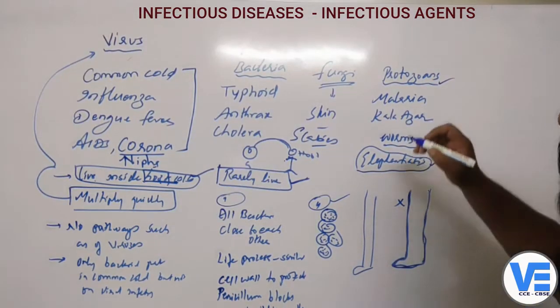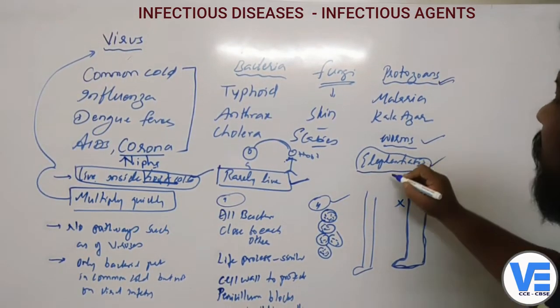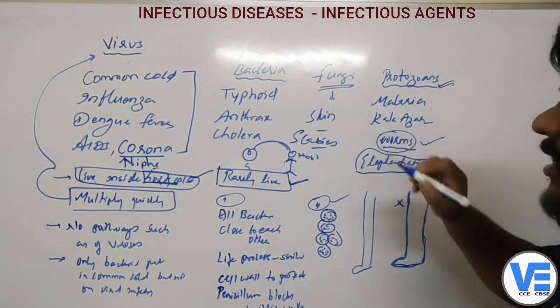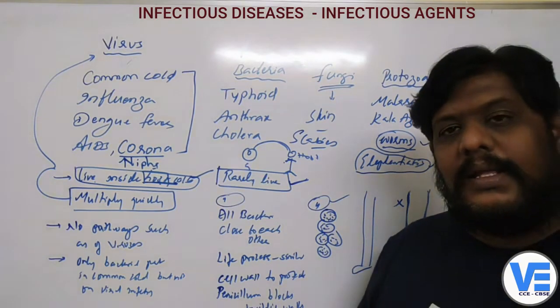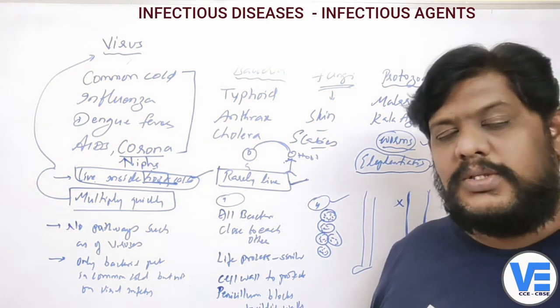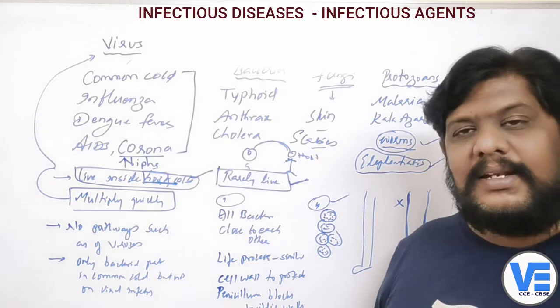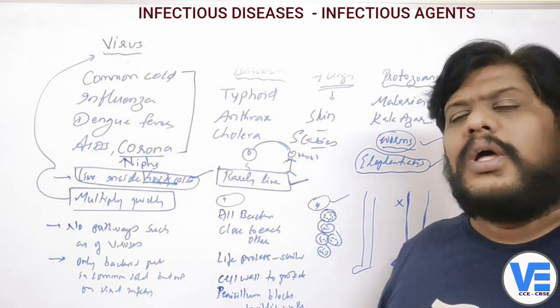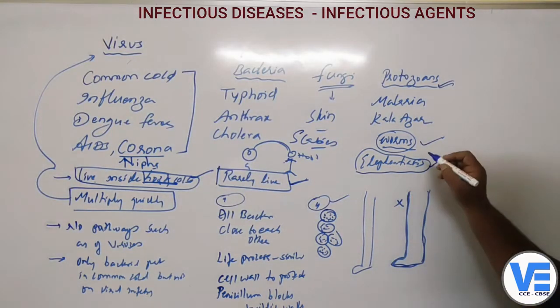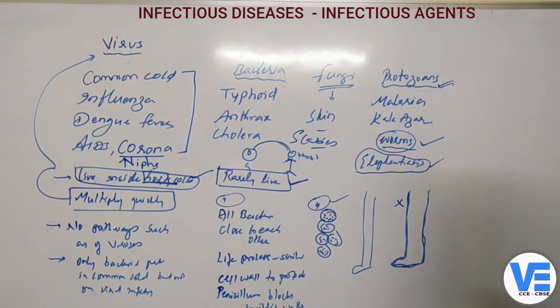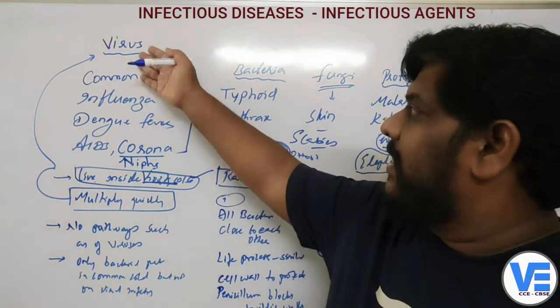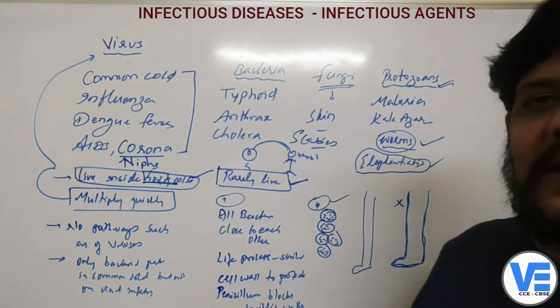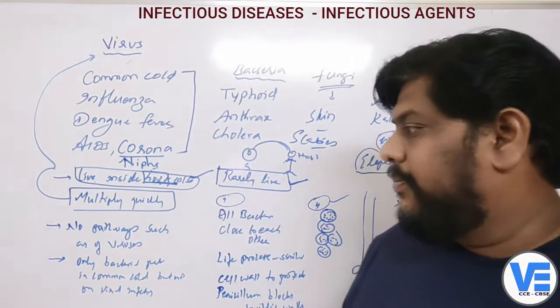But when you come to the protozoans, and also the worms, they are not that fast in reproducing, because they lay eggs and the eggs have to hatch and form the babies, so it takes a very long time. But these viruses, bacteria and fungi take very little time to reproduce.